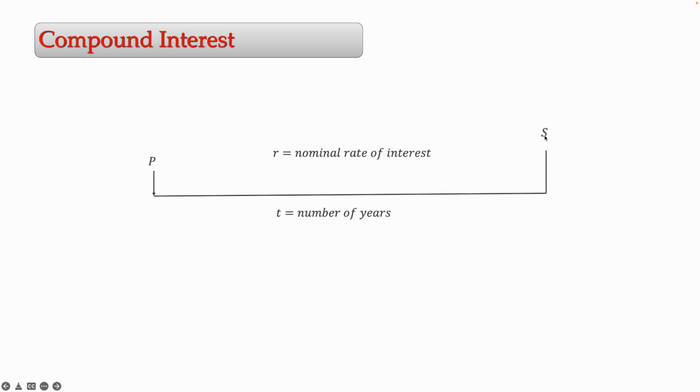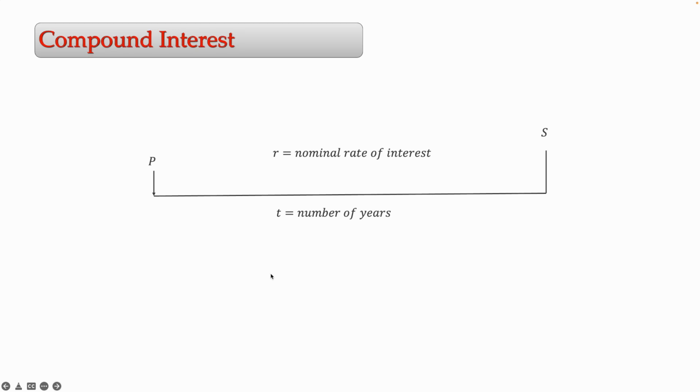So compound interest works in such a way that the interest is converted, is compounded, is calculated in periods of time. And after each period of conversion, the money deposited plus the interest earns a new interest.